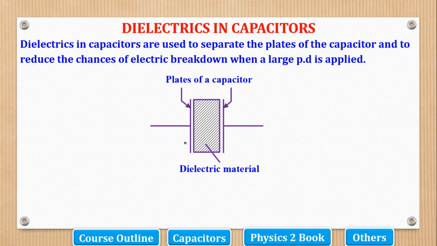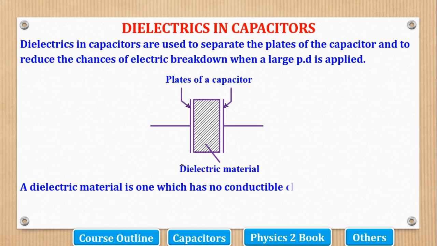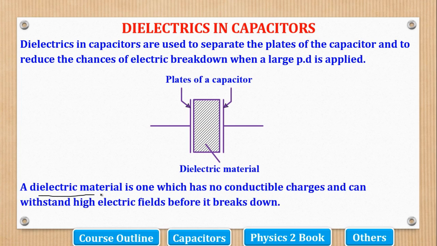So when they talk about a dielectric, this is what they mean. A dielectric material is placed in between the capacitor plates, and dielectric in simple terms is an insulator. So you can define it as a material which has no conductible charges. It must be an insulator and is able to withstand high electric fields before it breaks down.